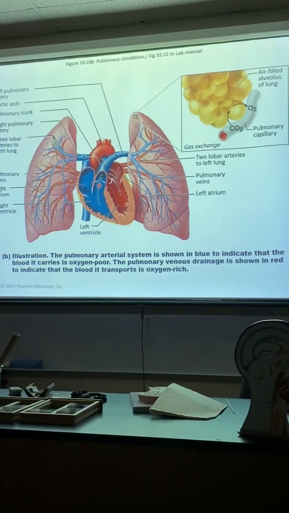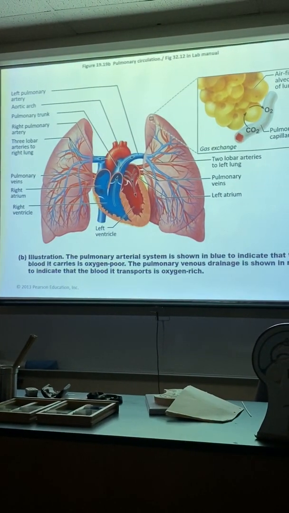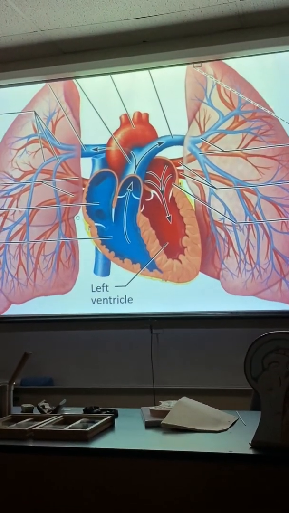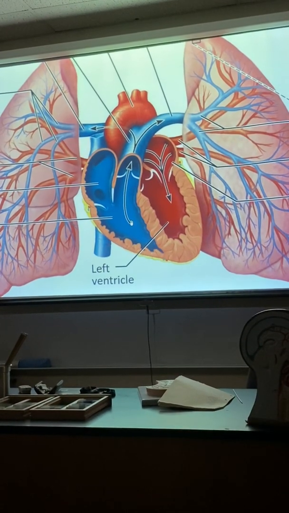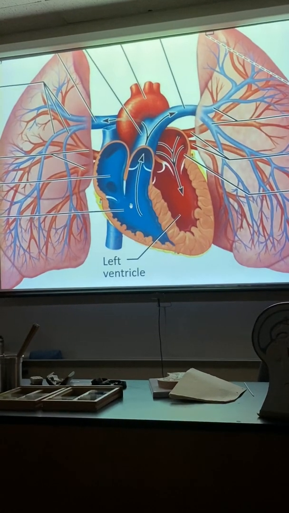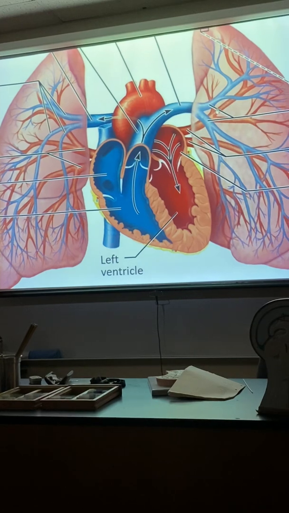Okay, we want to view and review the pulmonary circulation. Recall, you guys did really good, you memorized the blood flow through the heart. Blood goes through the pulmonary trunk to the right and left pulmonary arteries.